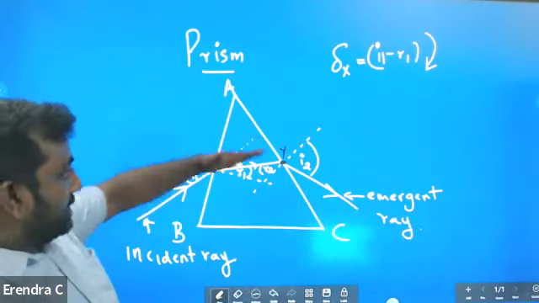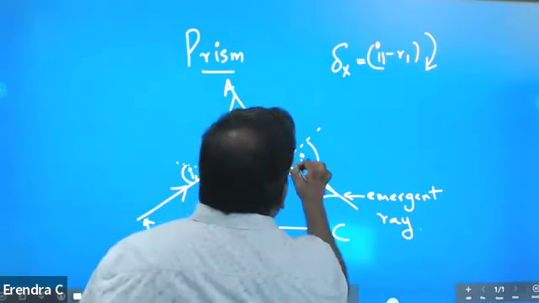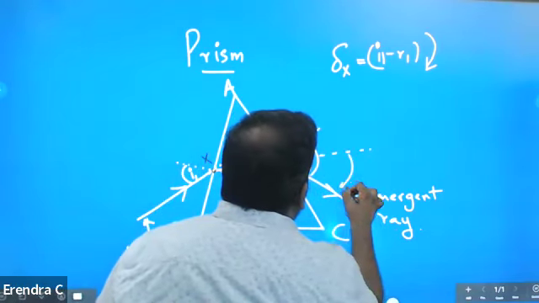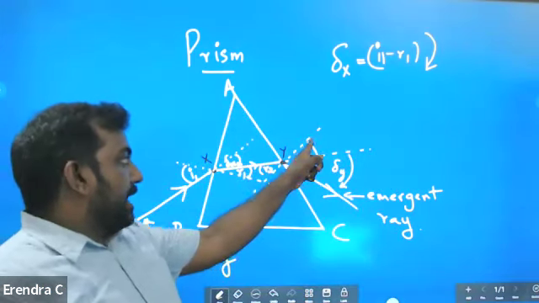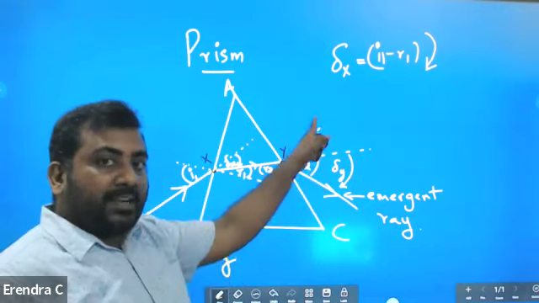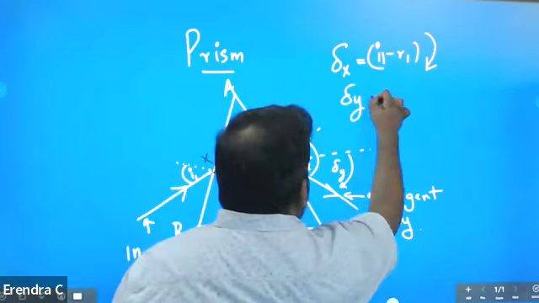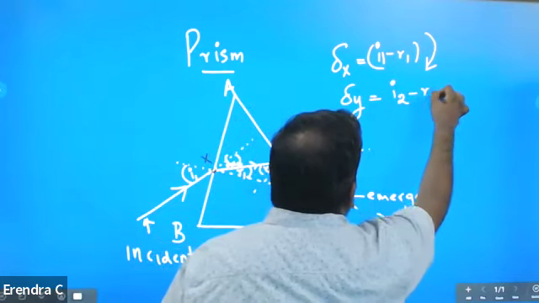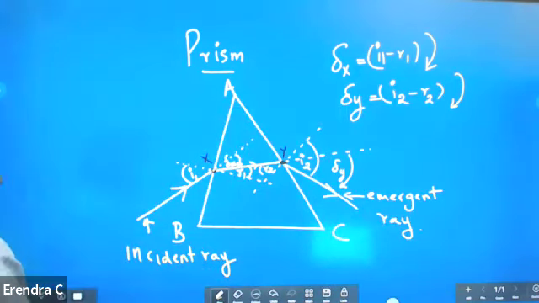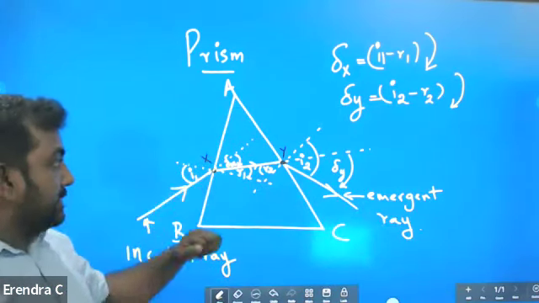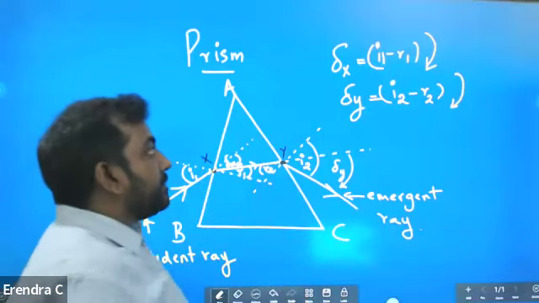At Y, if you extend the ray, vertically opposite R2 means the deviation is I2 minus R2. So there's a deviation at X and a deviation at Y.